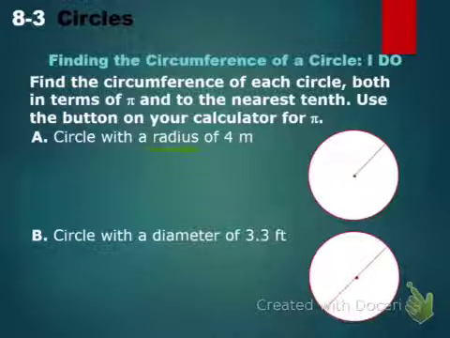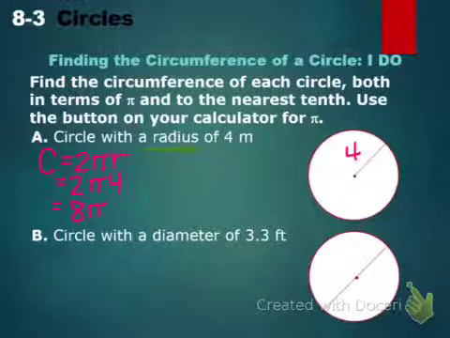So our equation was circumference equals 2 times pi times radius. In this example, it says that our radius is 4. So I'm simply going to substitute a 4 for my radius. And then I'm going to multiply. So 2 times 4 is 8. And I get 8 pi.